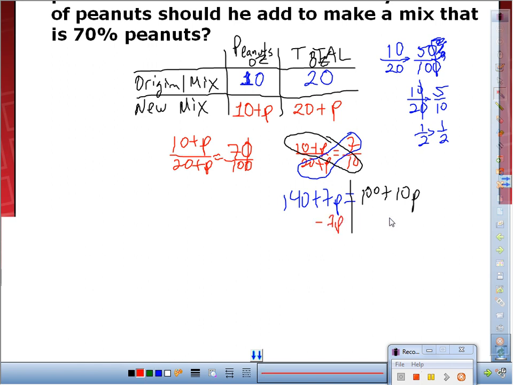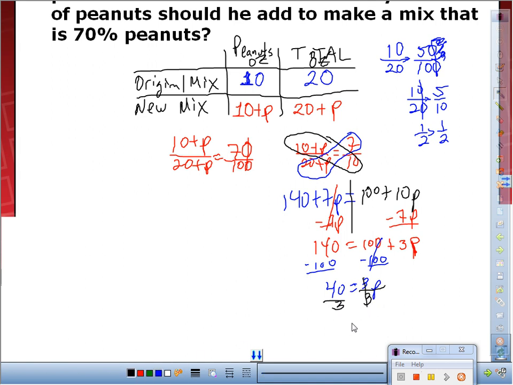Minus 7P, minus 7P. We're left with 140 equals 100 plus 3P. What do I do from there? Minus 100, minus 100. We're left with 40 equals 3P. Then at the end, we divide by 3. Divide by 3. 13 and 1/3 ounces of peanuts in the mixture.